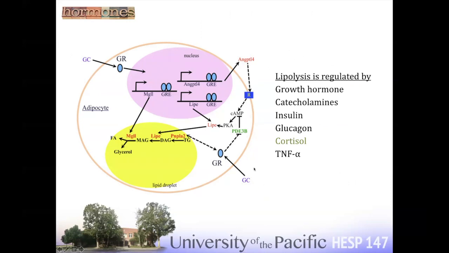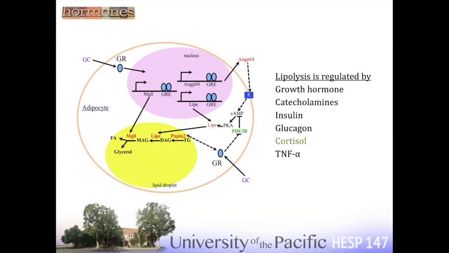I'll just really quickly go through glucocorticoid, right? Glucocorticoid receptor. So cortisol, this is cortisol right here. We're stopping PDE3B, that is specifically the fat metabolism version. But then also with cortisol, there are additional effects. We have an autocrine signal to increase PKA on top of inhibition of PDE.